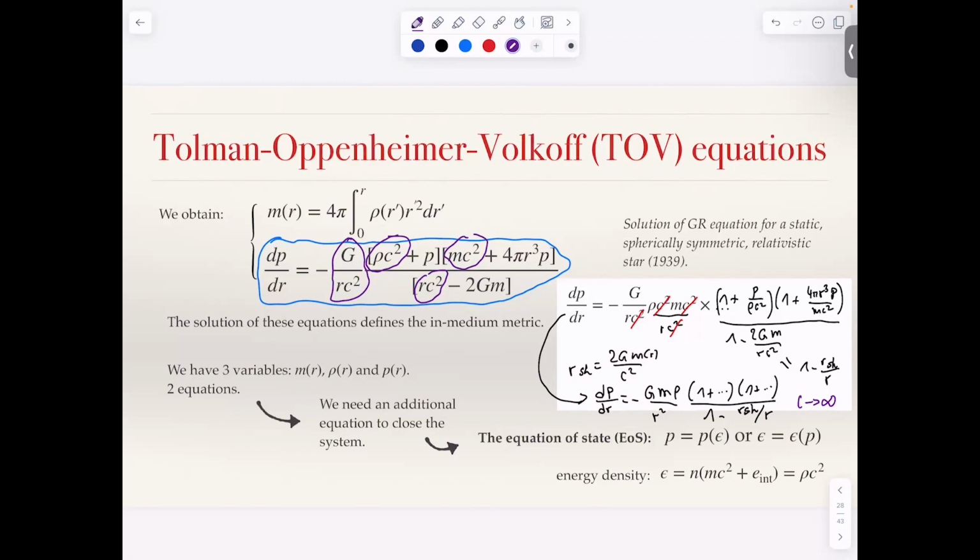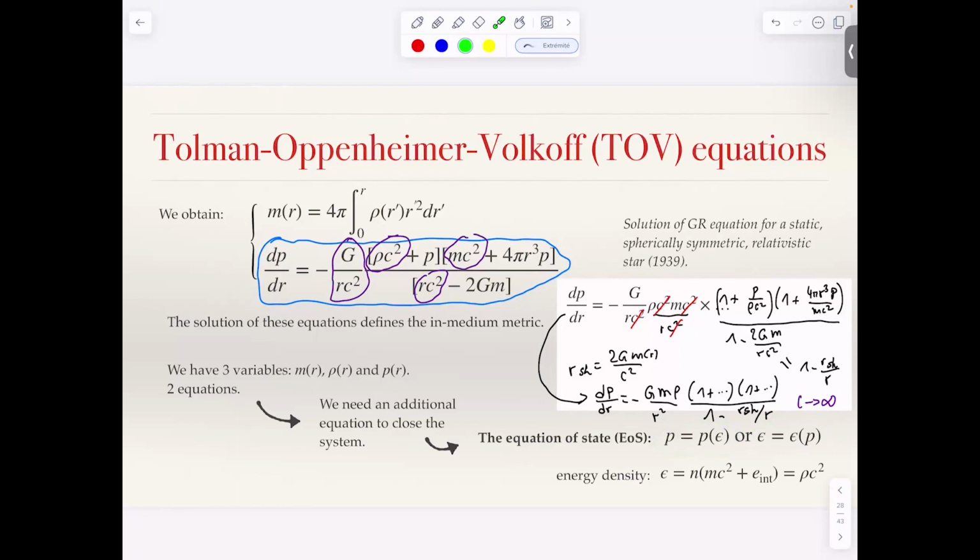So what we need in order to resolve the hydrostatic equilibrium of neutron stars is to add to the TOV equations the equation of state, the relation between the pressure and the density.